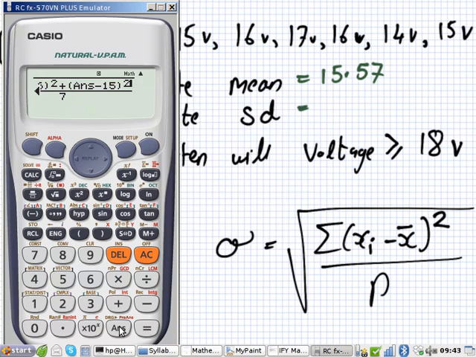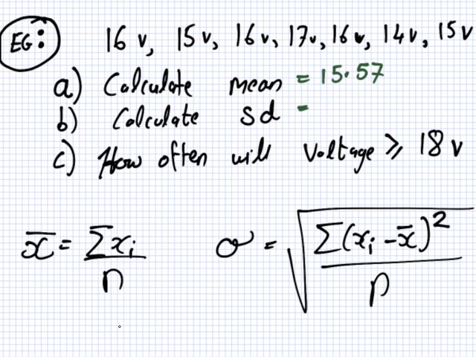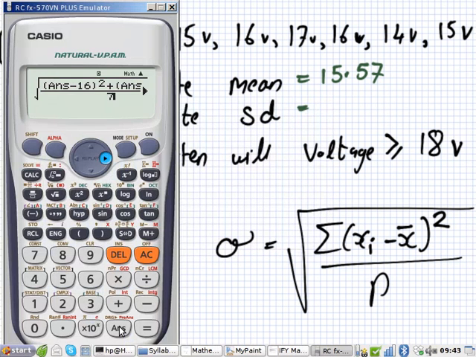Now to save time, how many 16s do I have? Three. So I'll just put a 3 here, so I don't have to type it 3 times. And how many 15s? 2. What else have I got? A 14 and a 17, which is the same difference, so you can also do that. That's a good idea. I'll type it the long way though, but I do like your idea. This is 14.